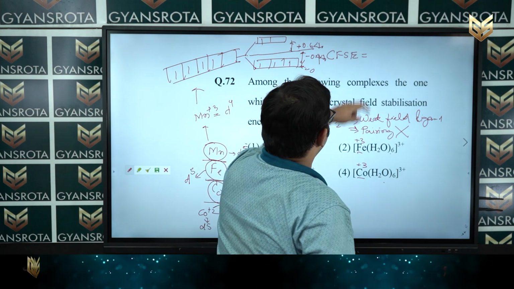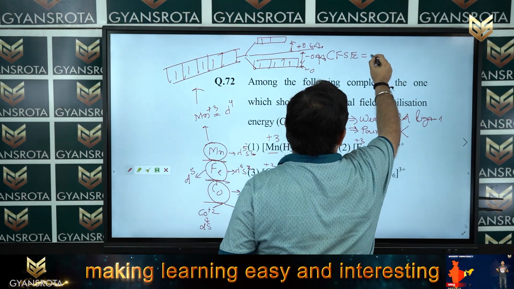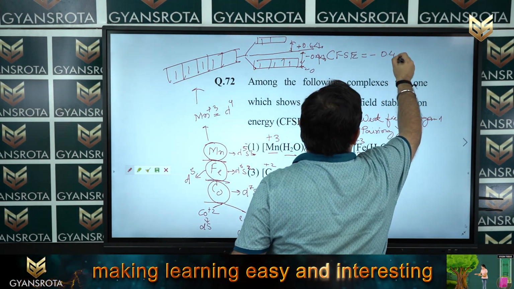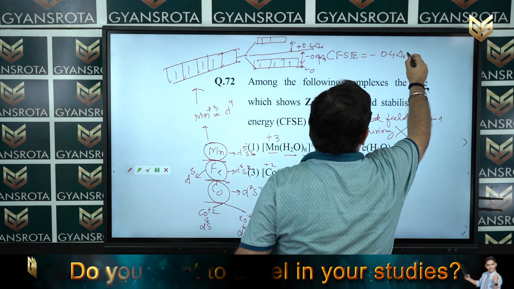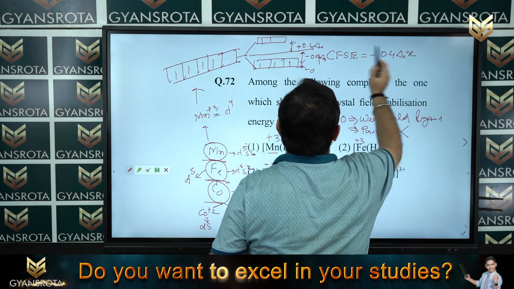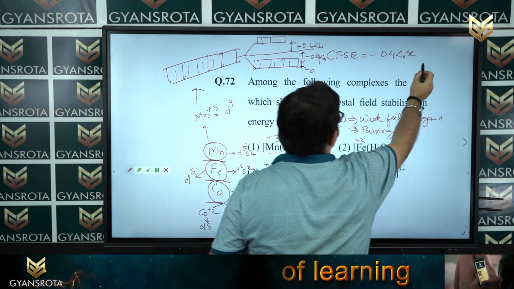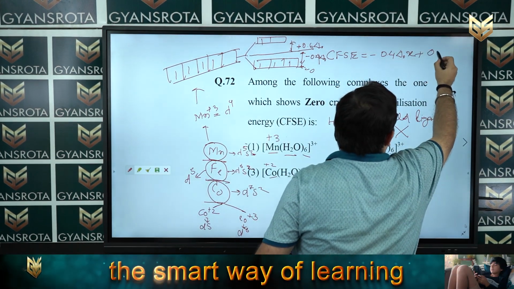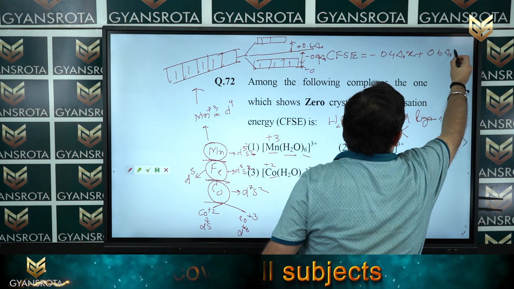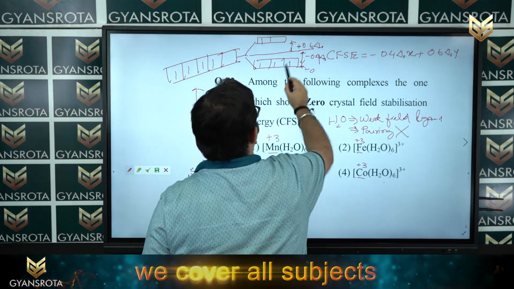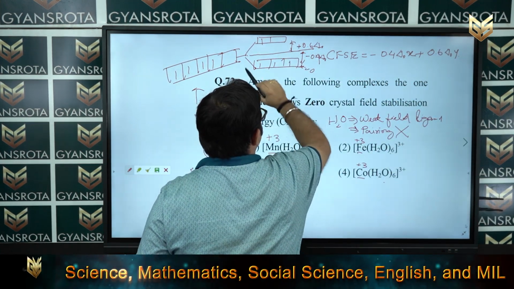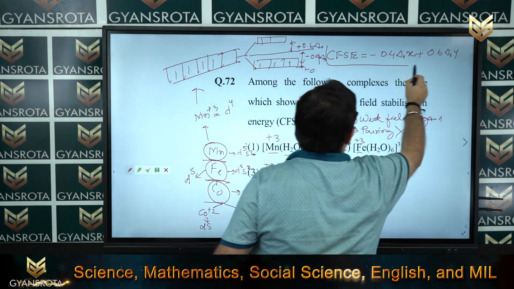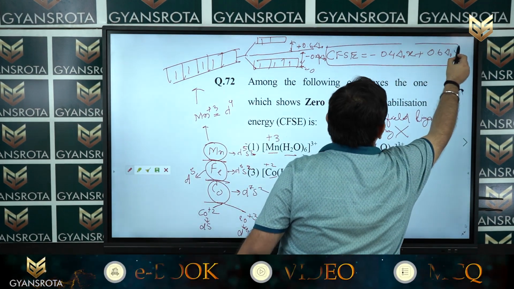Now if you calculate, the CFSE value is minus 0.4 delta naught into x, where x is the number of electrons present on the t2g orbitals, plus 0.6 delta naught into y, and y is the number of electrons present in your eg orbitals. So this formula we are going to use.